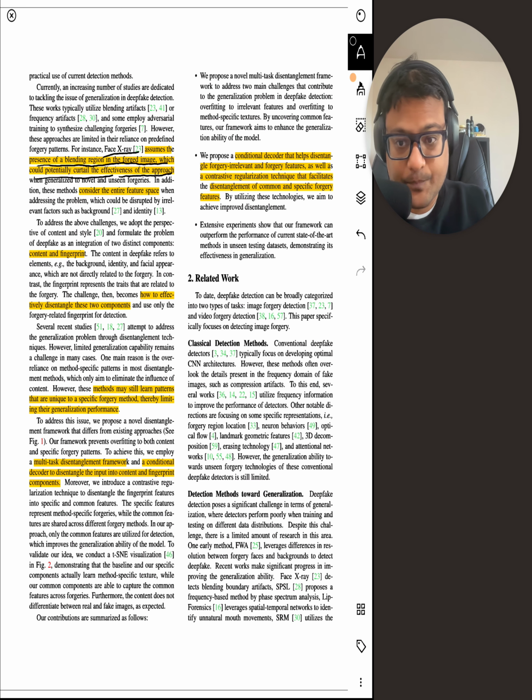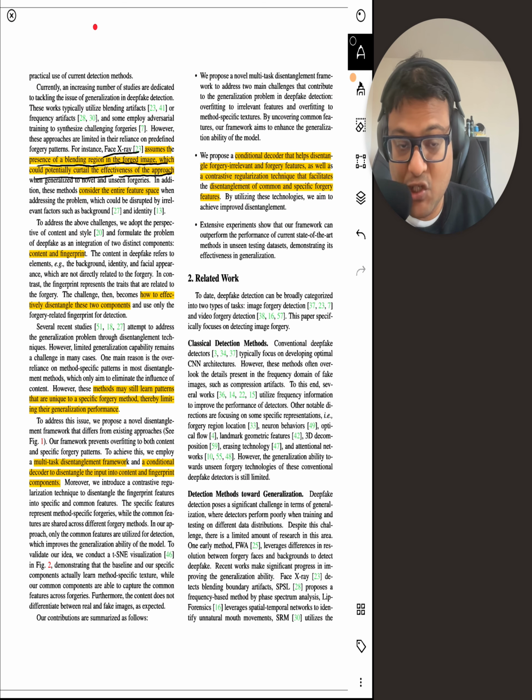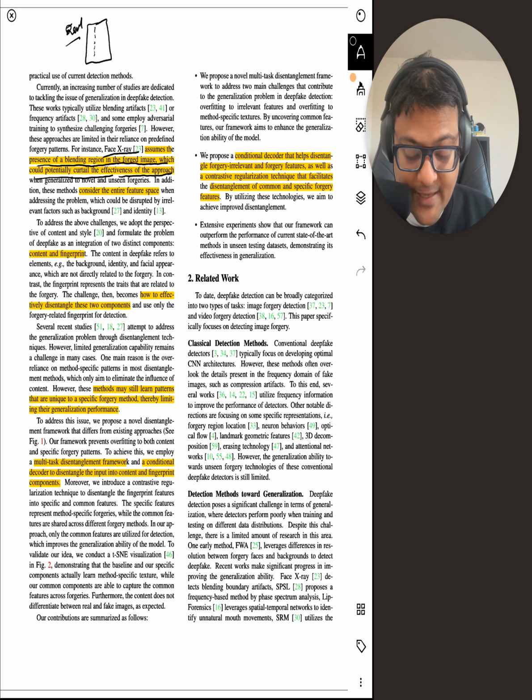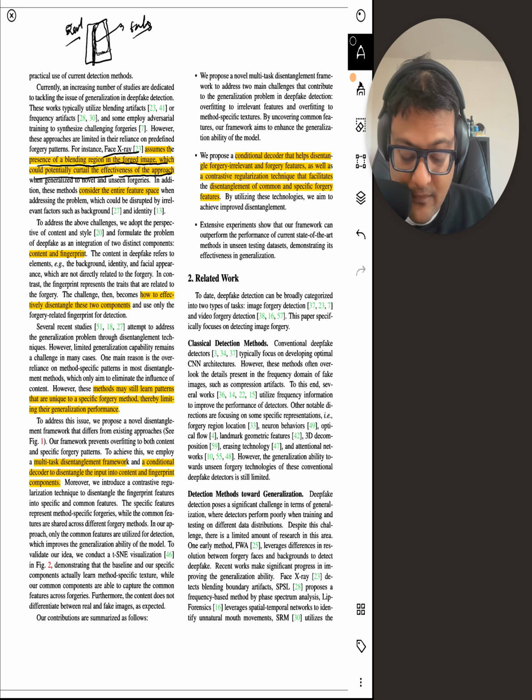So some methods rely on this assumption: you have a real image, and when it was forged, it will have a blending artifact, some edges which are going to be detected. And if you're able to detect these edges, then it means that it is fake. But the point is that with the advances in diffusion models, they generally don't exhibit this sort of blending artifact.